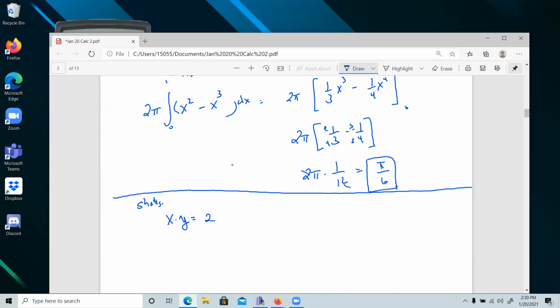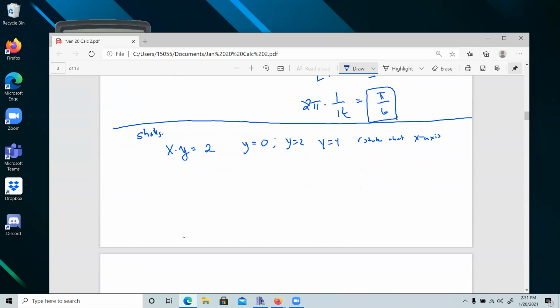So we have x times y equal to 2. There's your function, there's your curve. And y is equal to 0, y is equal to 2, y is equal to 4, and we are going to rotate about the x-axis.